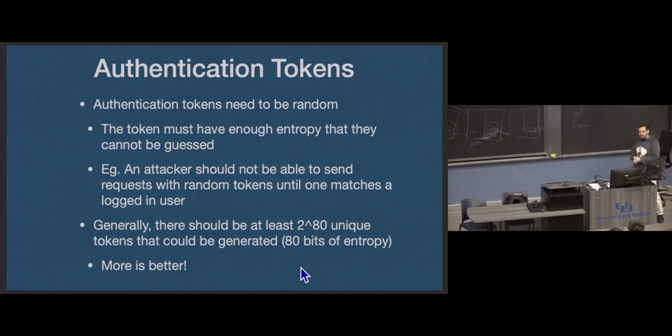And somebody doesn't have to just guess your token. If somebody's trying to attack an app, they're going to go to their cookie, and they're going to just guess any random value. If that value matches the token of any logged in user, then they are that user. They're effectively that user, because that's all the server's looking at: do you have that token?